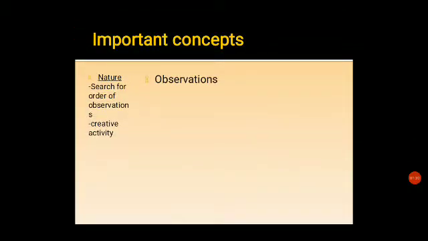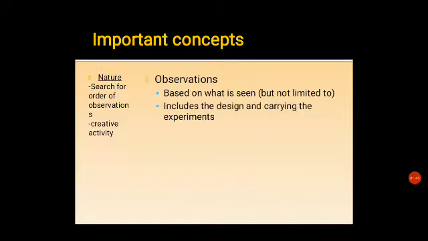Then, important concepts. One of the important concepts in science is the observation. Basically, observation is based on what we can see, but this is not actually limited to what we can see, because Einstein did not limit himself to what he could see, but he derived his principles and laws based on his thought experiment.